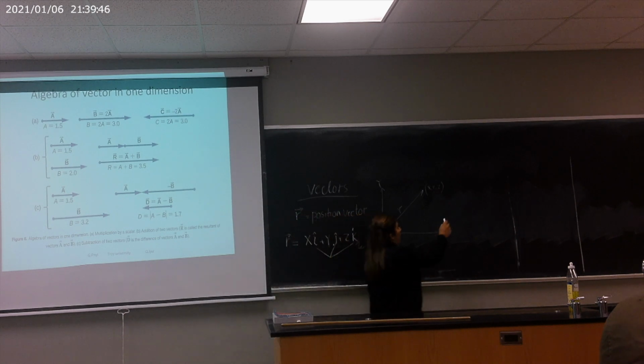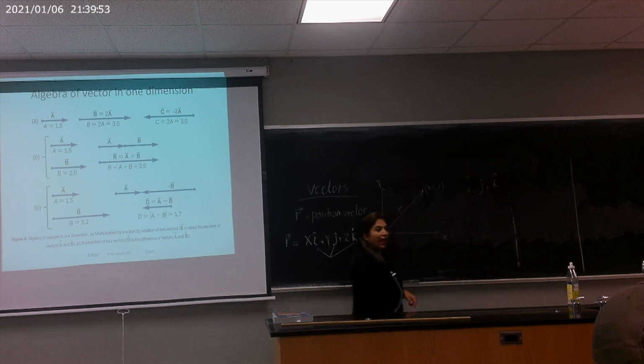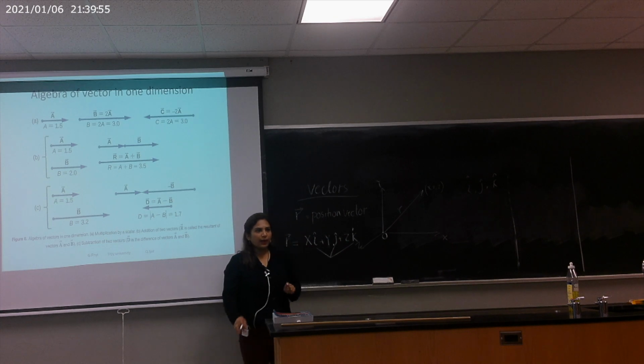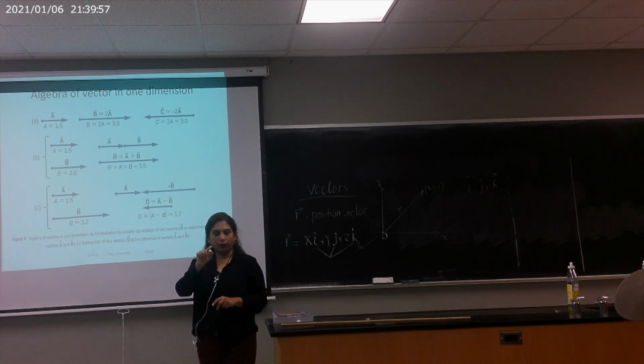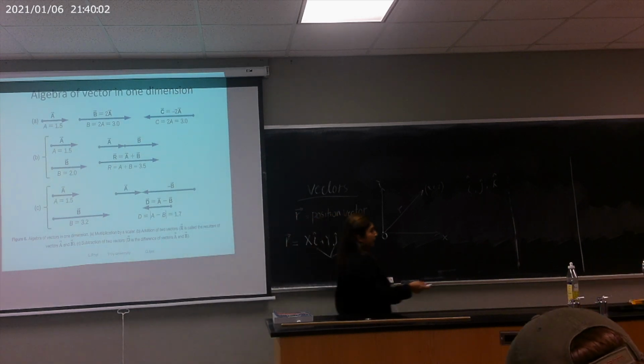However, I have put these 3 in there. You see, I'm putting a hat on them. These vectors do not have a vector sign on them. Instead, they have a hat on them. These are called unit vectors.